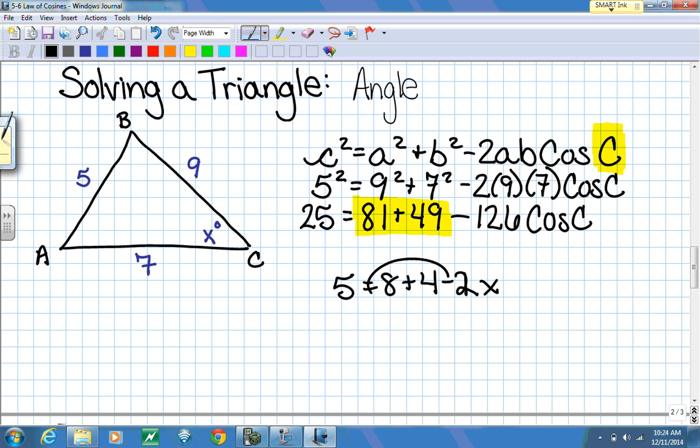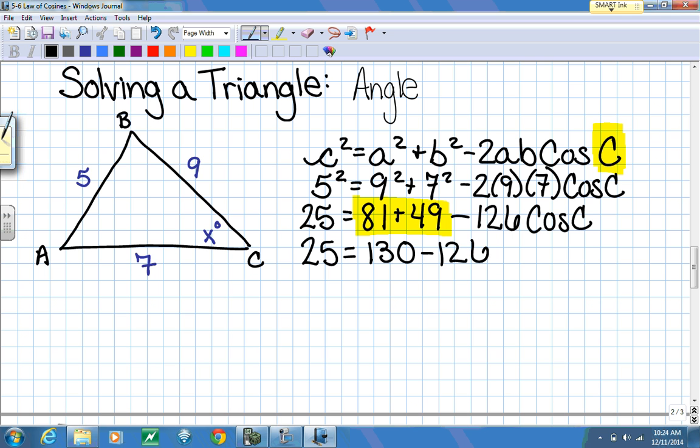We could only put together the 8 and the 4. Here you've got the cosine of C being multiplied on, so you cannot bring that 126 with it. So here I'm going to get 25 is equal to 130 minus 126 times the cosine of C.